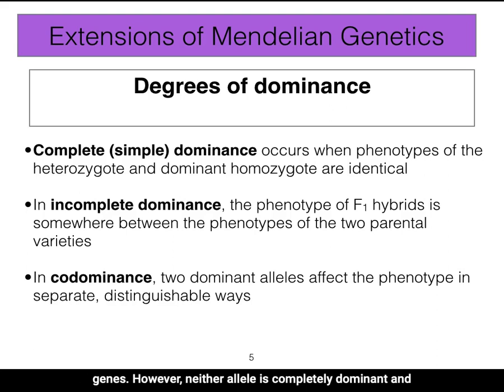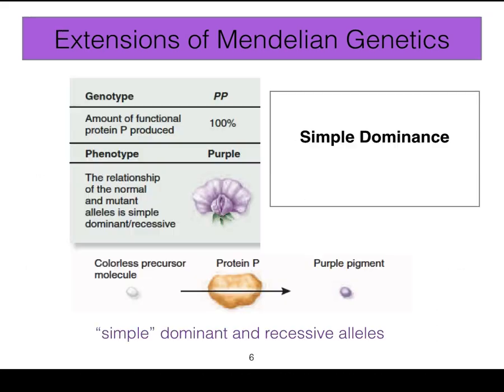For some genes, however, neither allele is completely dominant, and the F1 hybrids have a phenotype somewhere in between those two parental varieties. This phenotype is called incomplete dominance. Another variation on the dominance relationship between alleles is called codominance. In this variation, the two alleles affect the phenotype separately in distinguishable ways.